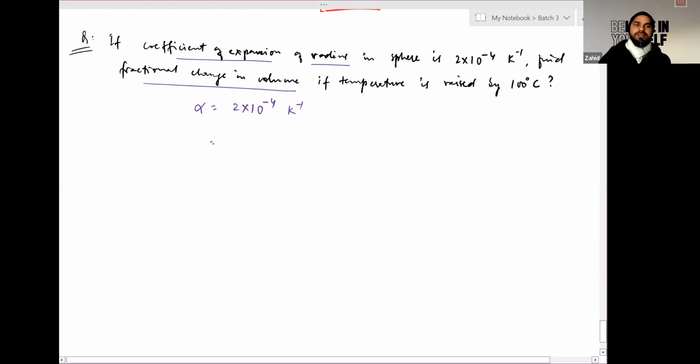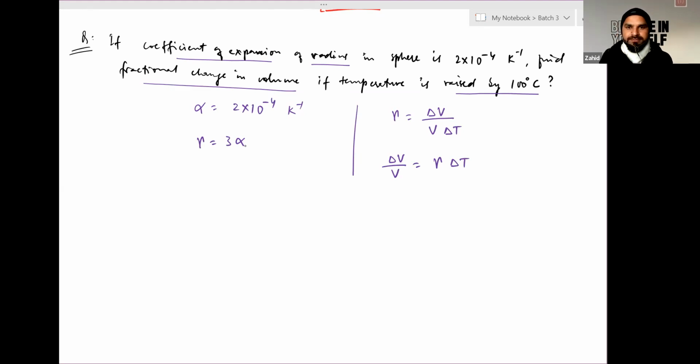According to the formula, gamma equals 3 times alpha. Then gamma equals delta V divided by V times delta T, so delta V by V equals gamma times delta T. The change in temperature is 100 degrees Celsius. We will solve gamma from this part. Just multiply it. Atif, try to simplify.